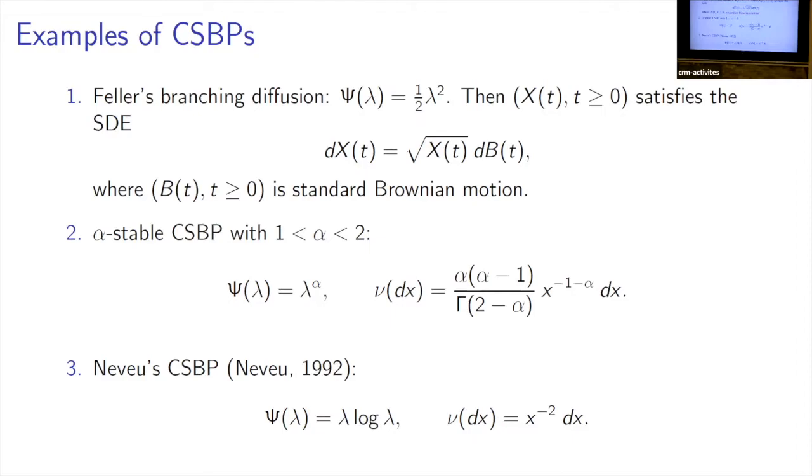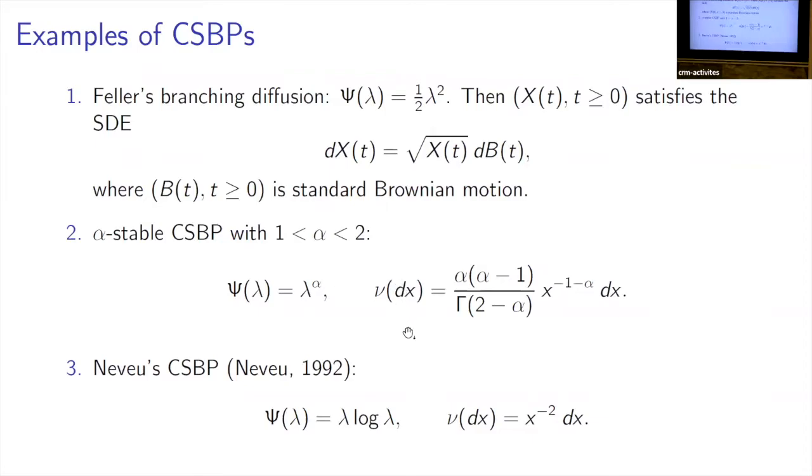These other two examples are processes with jumps. And the best way to understand the jumps is to look at the Lévy measure. So if alpha is between 1 and 2, then we can consider the continuous state branching process whose branching mechanism is given by lambda to the power alpha. And this is known as the alpha-stable continuous state branching process.